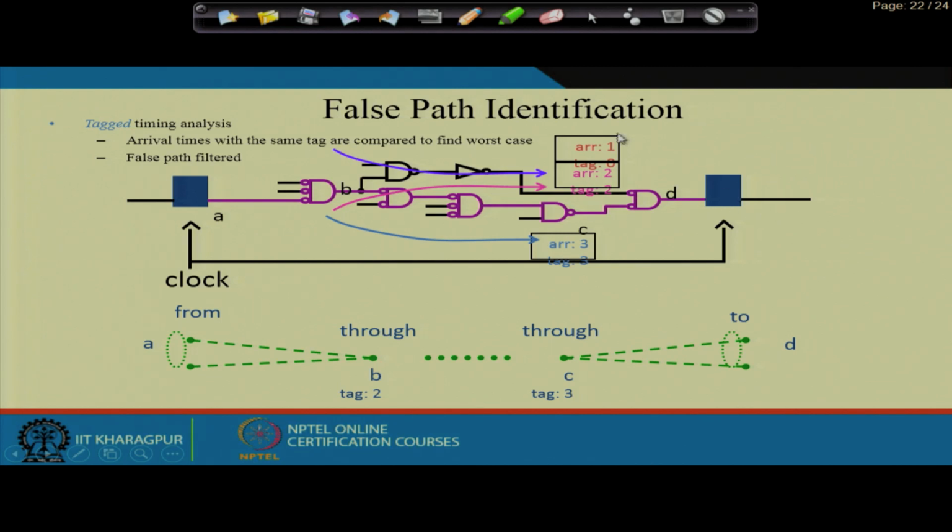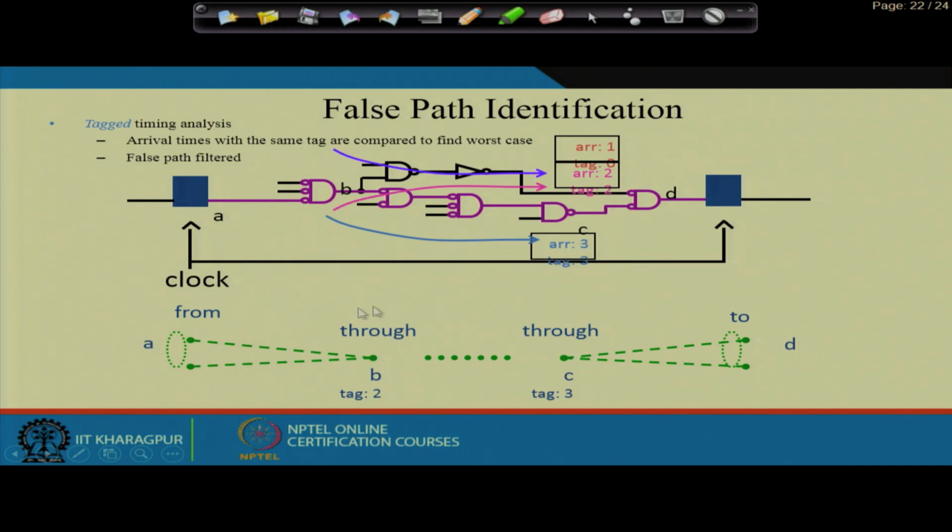In the first, the arrival is 1 with tag 0, in the second one we have an arrival of 2 with tag 2, and in this we have an arrival of 3 with tag 3.